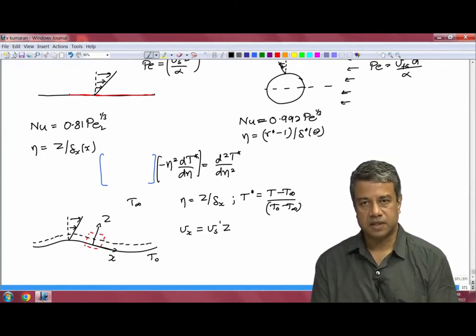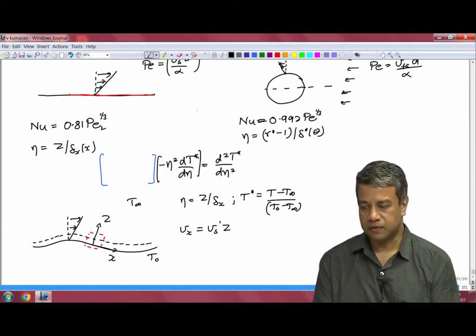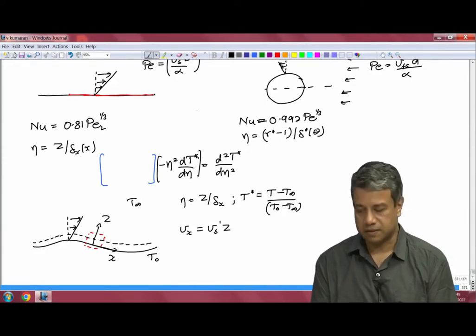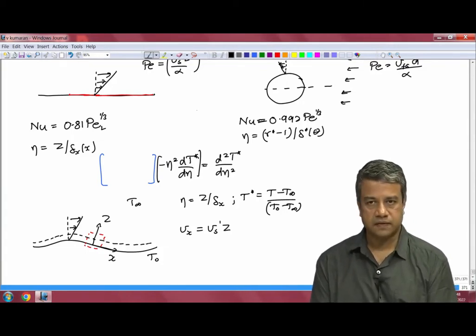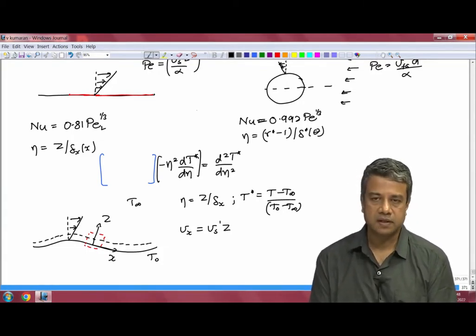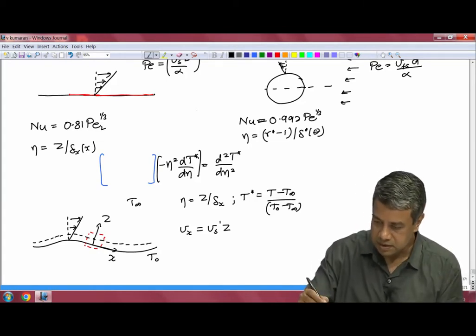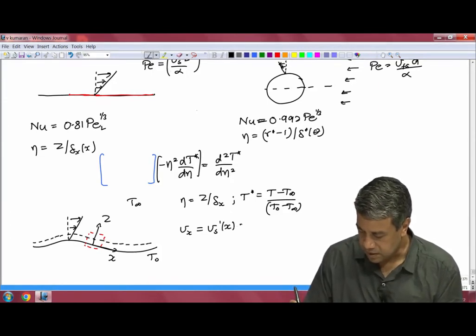For the flow past a flat plate, the strain rate was constant, whereas for the flow past a sphere the strain rate at the surface was changing with the angle theta. So, in general this Vs', the strain rate at the surface, is going to be a function of the streamwise coordinate x. So, this is Vs'(x) times z.